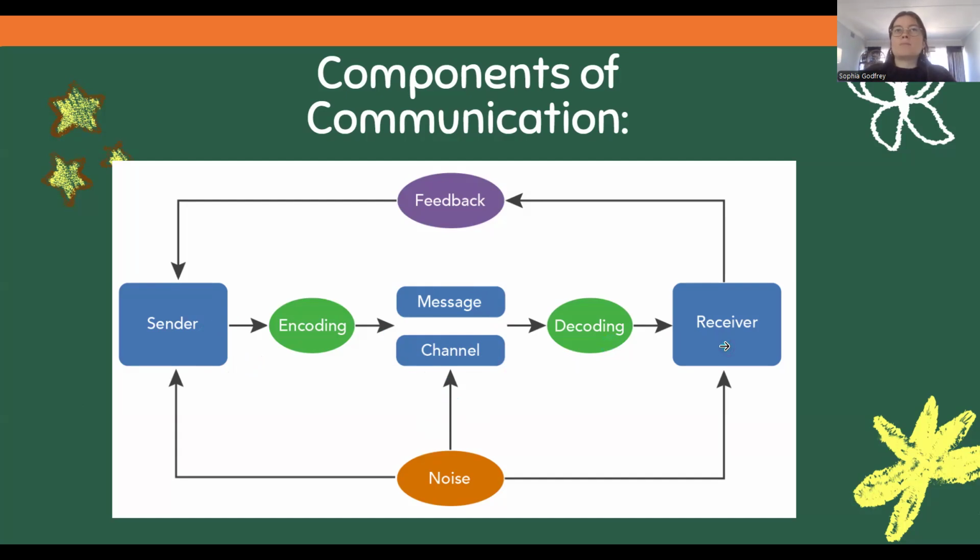You're distracted by something, you're cold, you're paying attention to what the message is and making sense of that. So noise is just all the distractions that there are. So that's just a quick, easy look at the components of communication, what that looks like when we're literally communicating to people in person, online, in so many different ways.